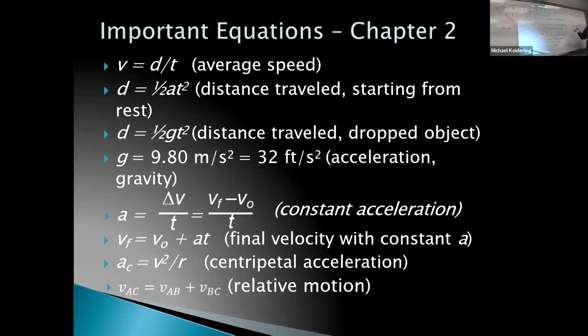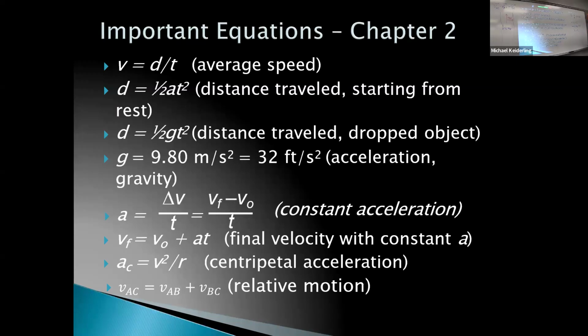For a dropped object, distance traveled is 1/2 g times time squared, where g is 9.80 meters per second squared, or 32 feet per second squared. That's the acceleration of gravity. Acceleration is change in velocity over time, or final velocity minus initial velocity over time. Final velocity is initial velocity plus acceleration times time.